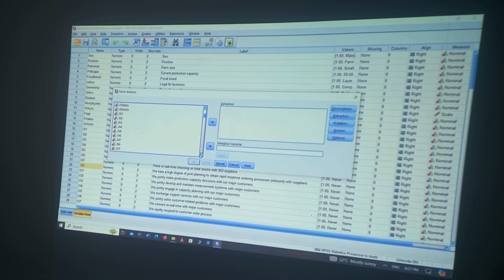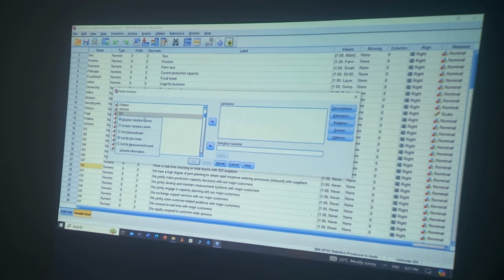You right click in this box and click on variable names. That makes it very easy for you to track the variables.